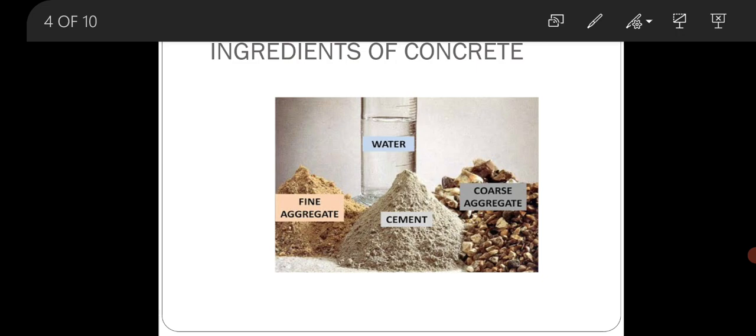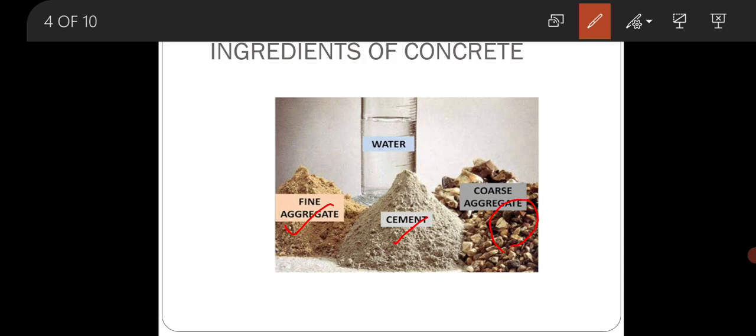So, these are the important ingredients of concrete. In concrete, the voids formed due to the coarse aggregate are generally filled by the fine aggregate, and the voids of fine aggregate are filled by the cement water paste.